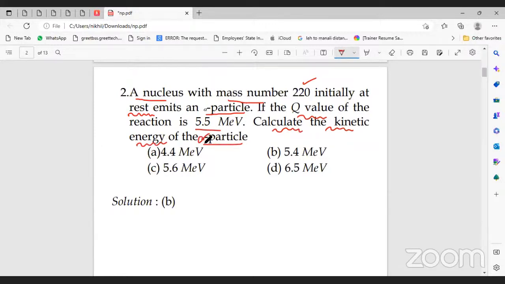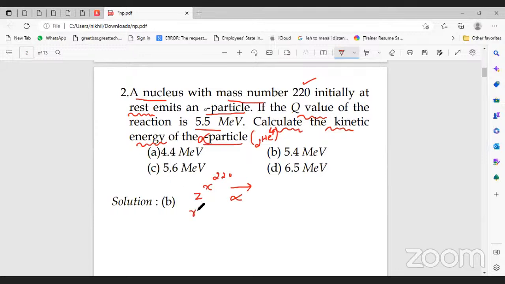You know that alpha particle is nothing but what? Helium nuclei, 2He4. So there is one nucleus which has a mass number 220 initially. We don't know what Z is. X with mass number 220 is going to emit an alpha particle.